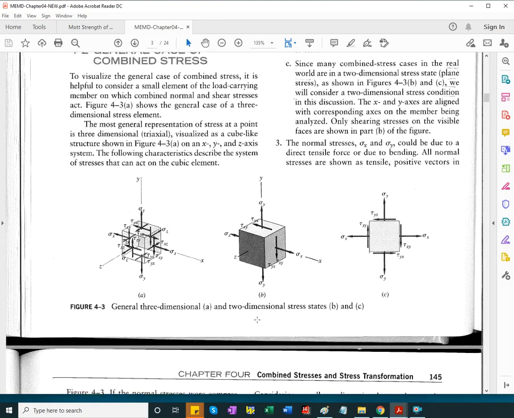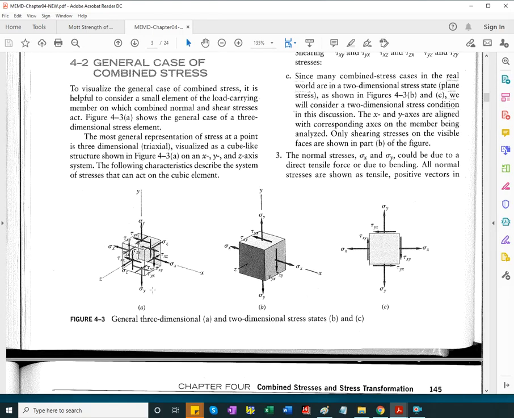Okay, so in the most general case, a three-dimensional element can be loaded with normal stresses, sigma x, sigma y, there'll be a sigma z, and then there are shear stresses on all surfaces. And there is a sign convention. I think we discussed this.